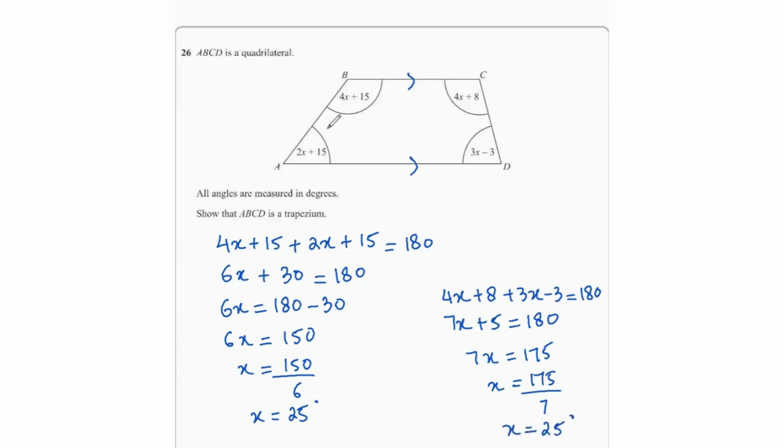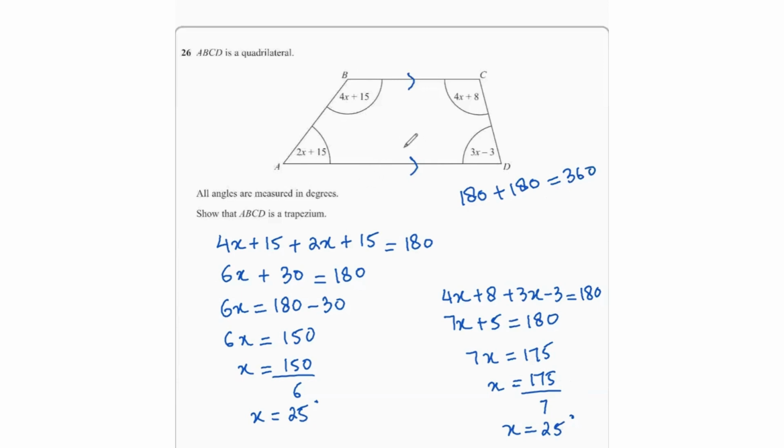So since the sum of angles for a quadrilateral is 360, if the sum of these two is 180 and these two is 180, then 180 plus 180 is 360. And this is proven because from each set we're getting x equals 25.